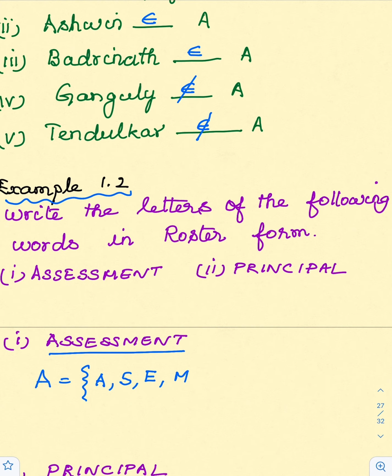M is present once, so you write it one time. N is present one time, so write N one time, and T. So from the word assessment, we have tabulated a set in the roster form as A is equal to {A, S, E, M, N, T}.